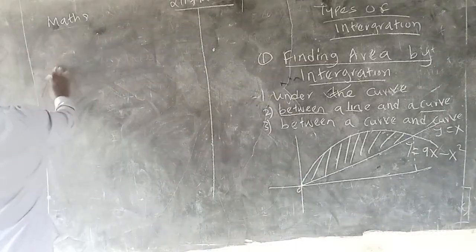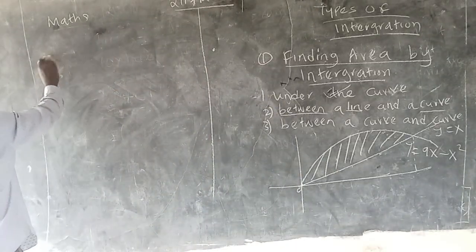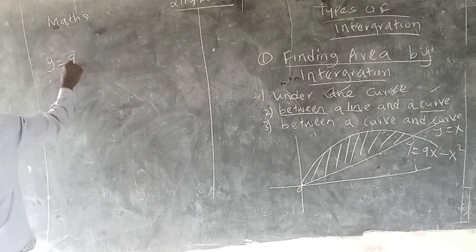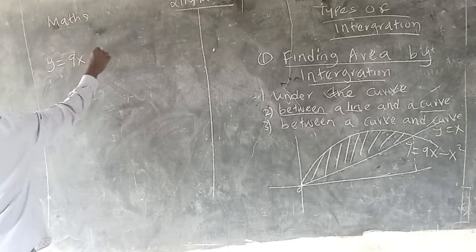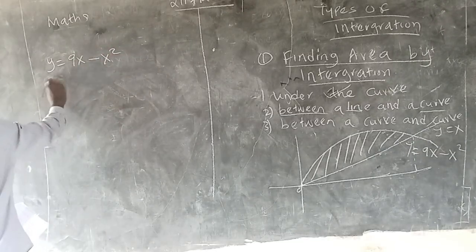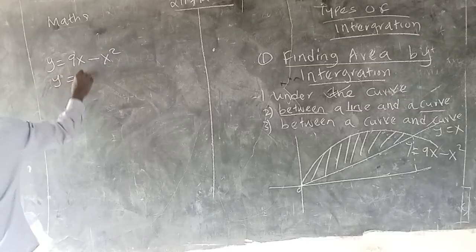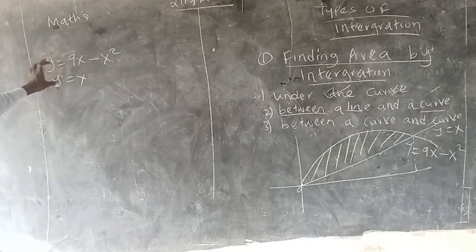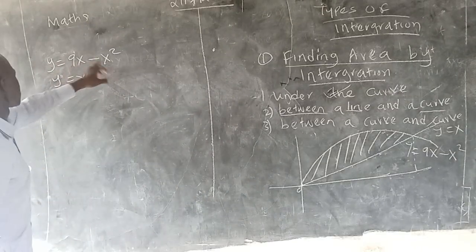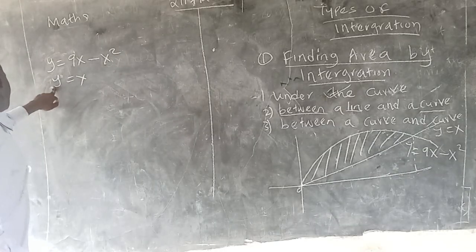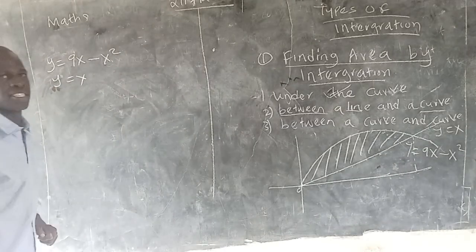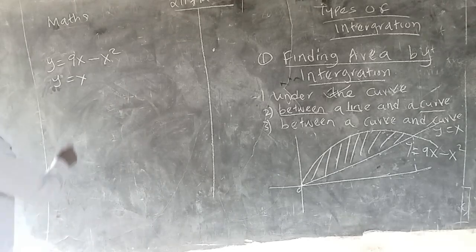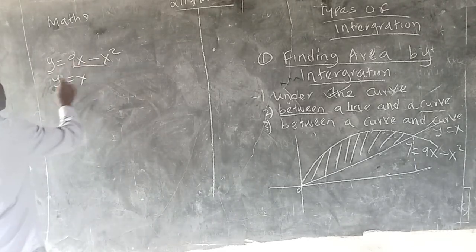So the equation of the curve is y equal to 9x minus x squared, and the equation of the line is y equal to x. Given these two, we have y equal to 9x minus x squared, and the other is y equal to x. So the value of y on the curve and the value of y on the line are equal at this point.